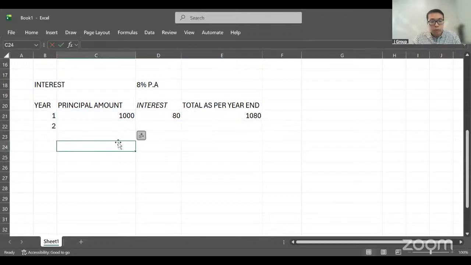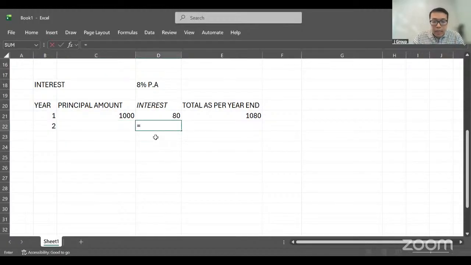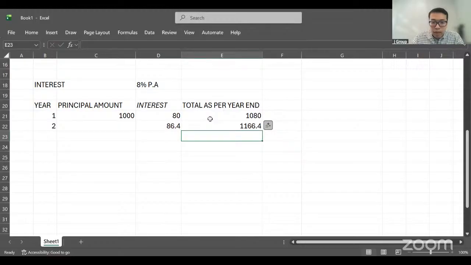1,080. When we come to year two, this is where the changes start. I will be earning another 8% interest on the final amount that I get at the end of year one. So instead of 80 ringgit, now I'm getting 86.4. My end amount in year two will be 1,166.4.